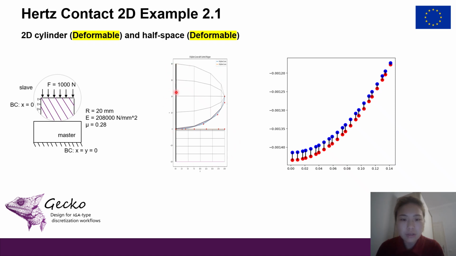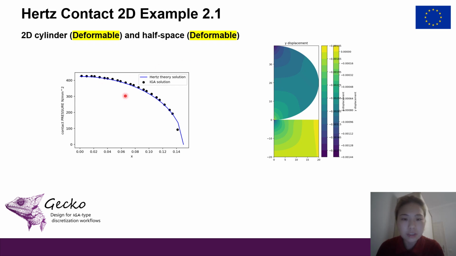The mesh is locally refined near the contact region to improve the accuracy, and the contact boundary is extracted. The final contact pairs are shown here. These approaches also reduce computational cost while still capturing the essential contact behavior.